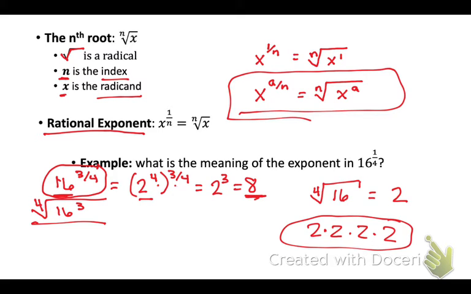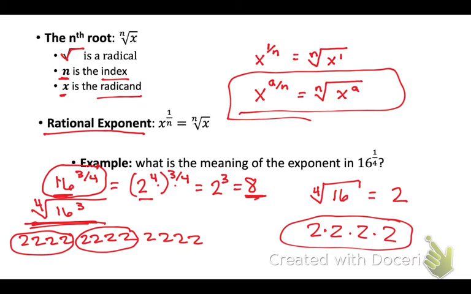Now, think about how we just did that. If we did this with the radical, we would have to break down 16 three times, wouldn't we? We'd have to go 2, 2, 2, 2, that's 1. 2, 2, 2, 2, that's 2. 2, 2, 2, 2, that's 3.